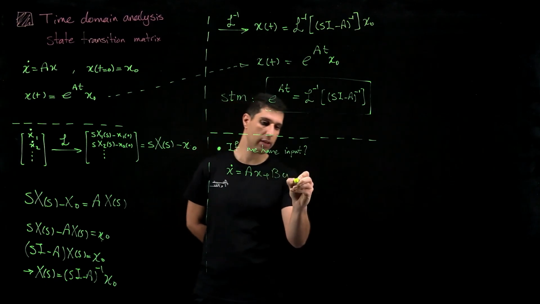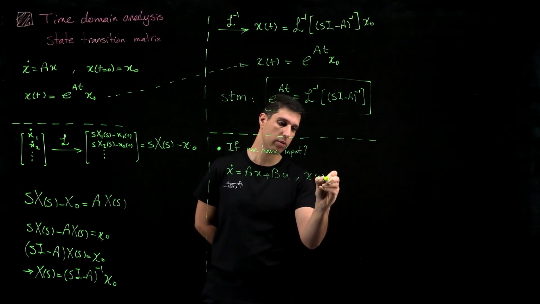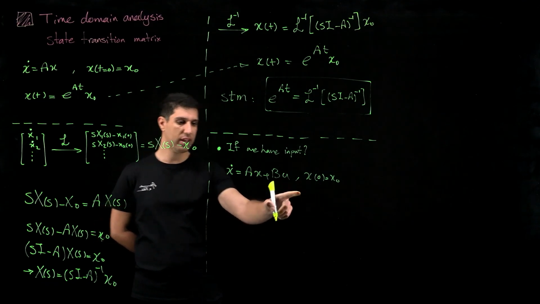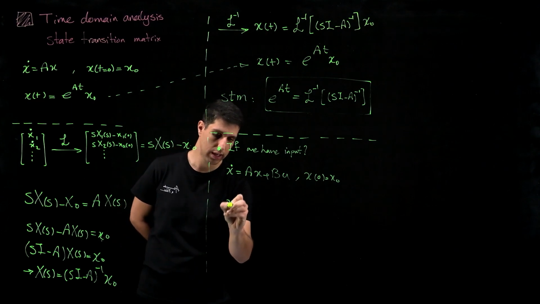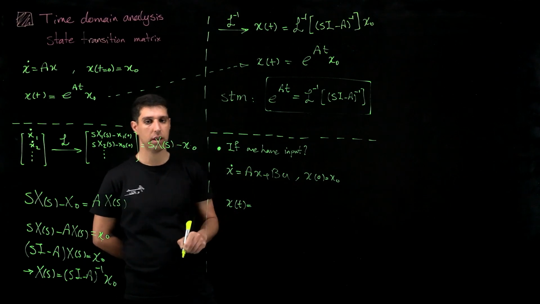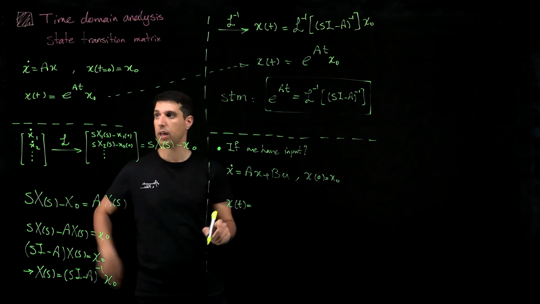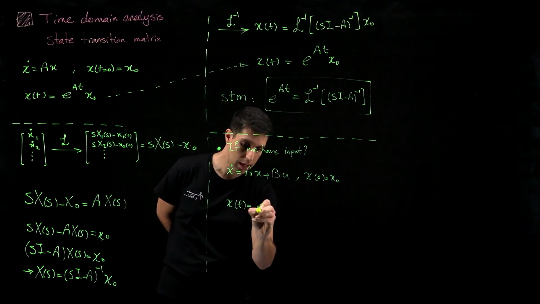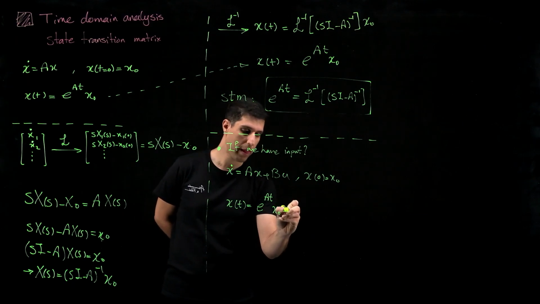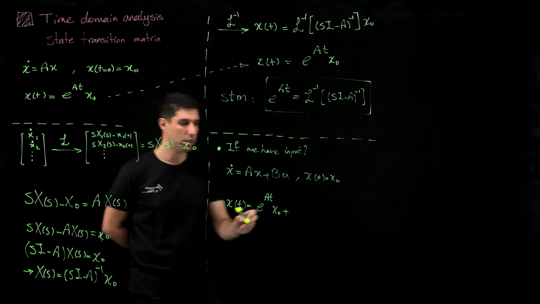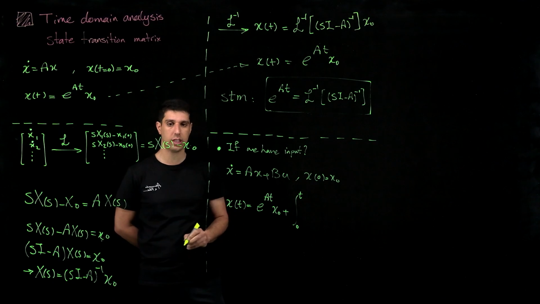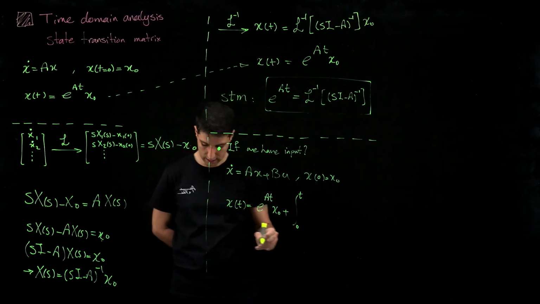I might still have some initial condition, x of 0 equals some x naught, but here u is not 0. In this case, the solution x of t is going to be a combination of the natural response and forced response. The natural response is the same thing we had here, e to the At times x naught, plus the forced response is going to be a little funny looking, but hopefully you have seen it before and it makes a bit of sense to you.